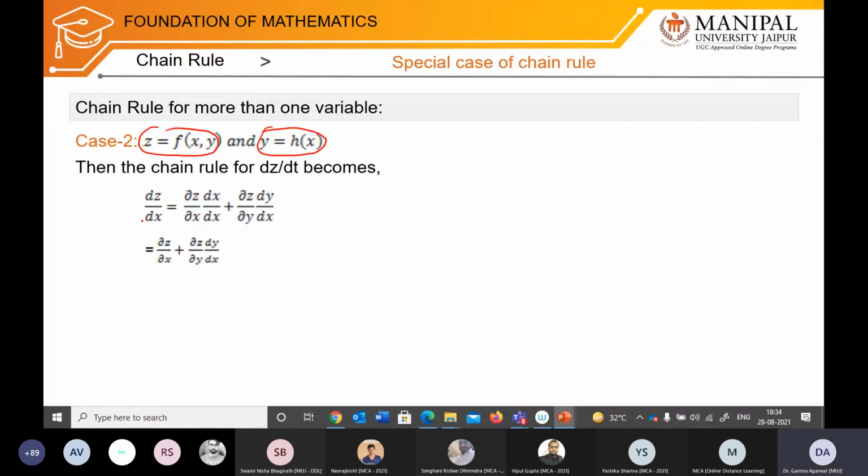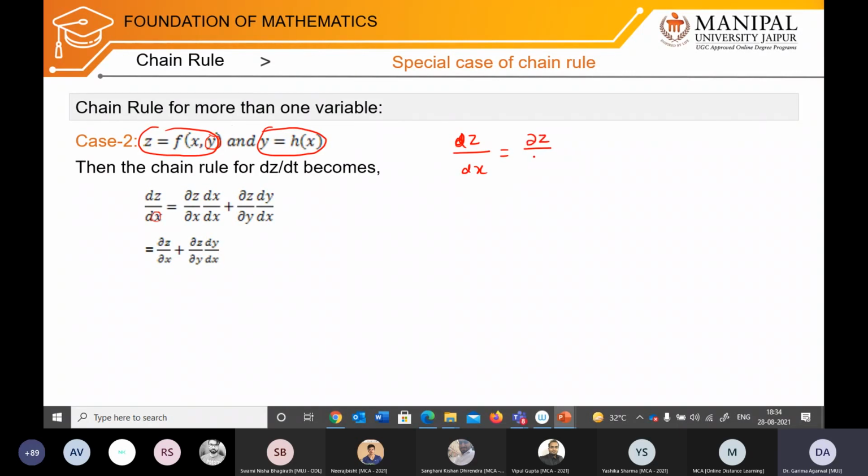We need to find dz by dx, right? Because y is a function of x. If we substitute the value of y here, the whole function will convert into x. That's why we need to find the differentiation of z with respect to x. So let's try to write the formula. You need not learn it, right? Z is a function of two variables.